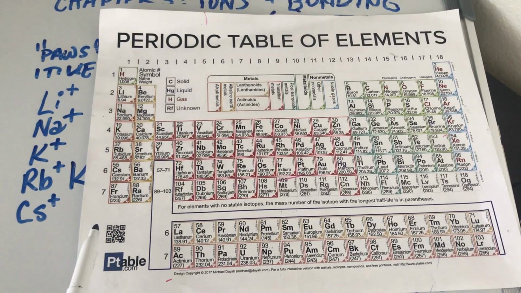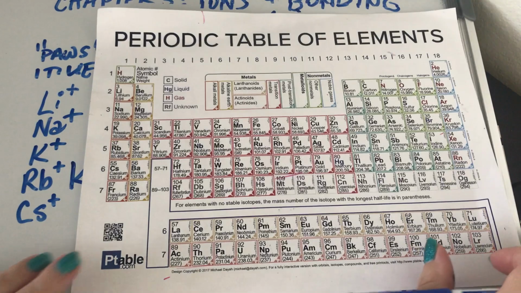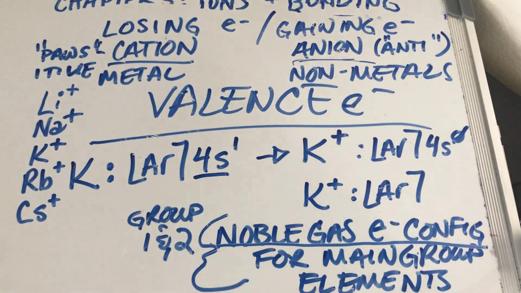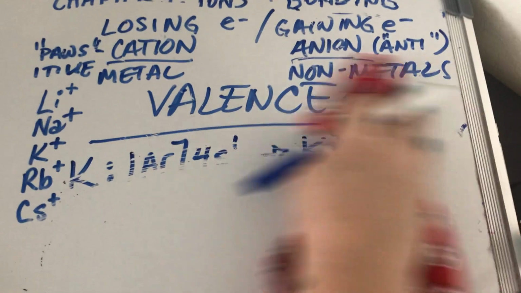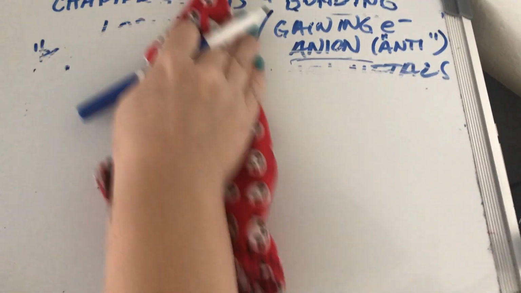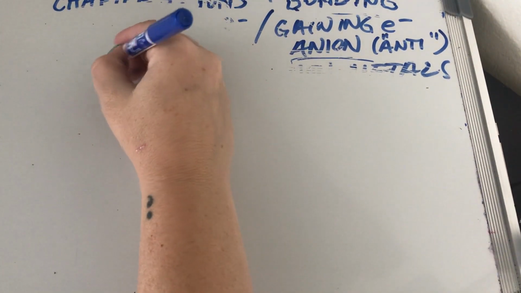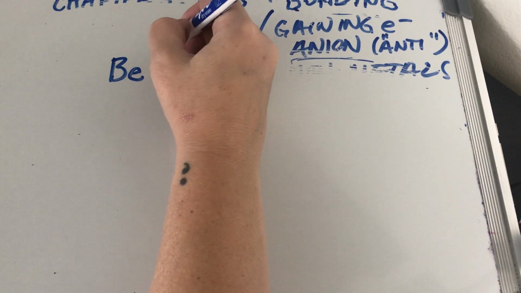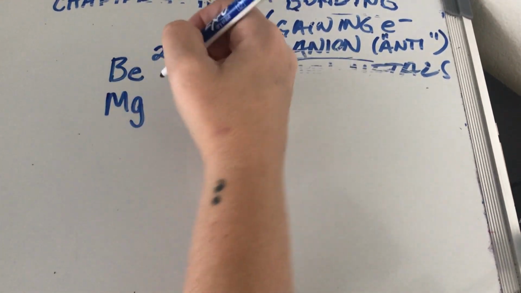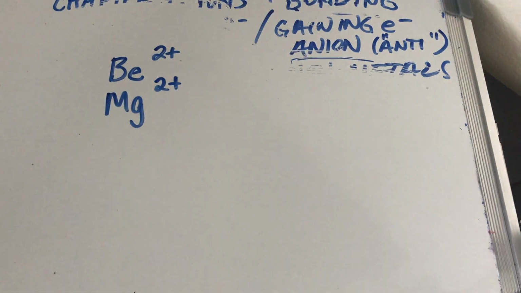So if group 1 always forms a +1 ion, what do you think group 2 always forms? +2, exactly, right? It has 2 valence electrons that it can lose to get back to noble gas configuration. So we had Be 2+, Mg 2+, right?